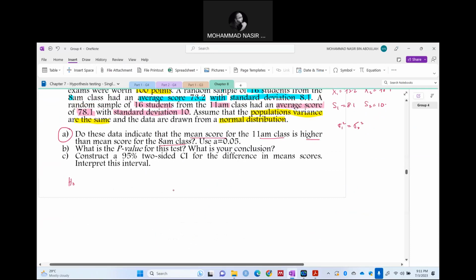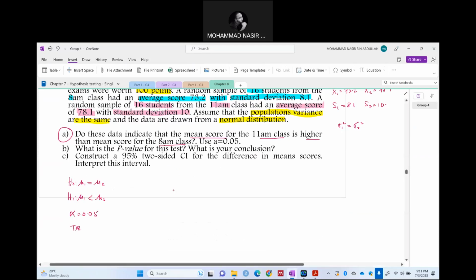Null hypothesis, mu1 equal to mu2. The alternative hypothesis, mu1 less than mu2. So the claim is whether the mean score for the 11 a.m. class is higher than the mean score for the 8 a.m. class. So alpha equal to 0.05.